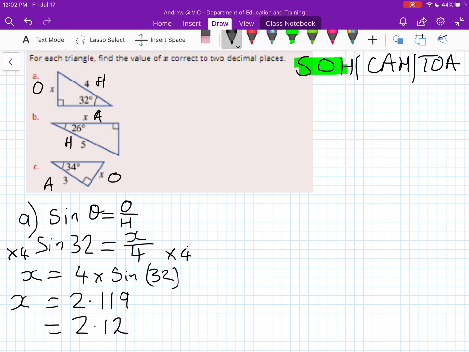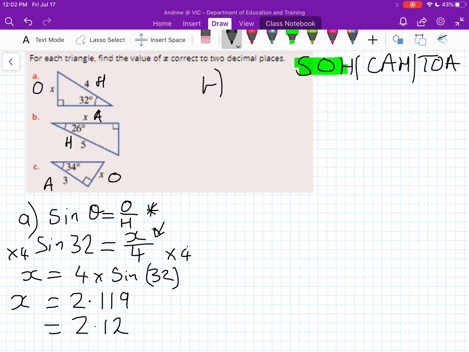So now we'll go through B. This one's pretty similar, but hopefully you'll realize we've got adjacent and hypotenuse, so we're going to be using cosine. I'm going to skip the first step that I did here and go straight to this.